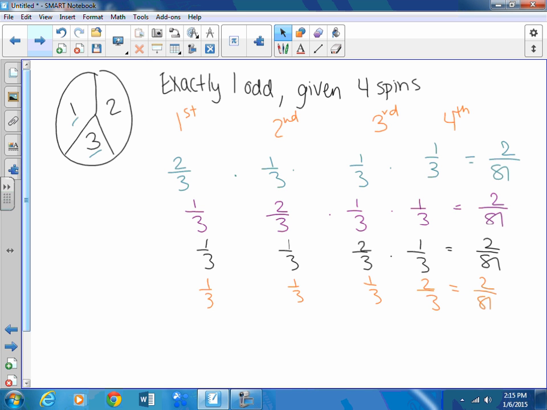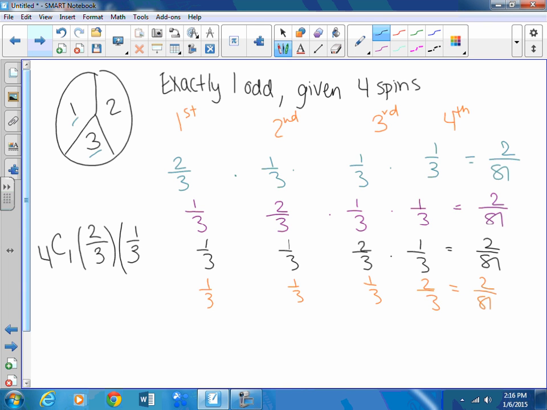And yes, there's a reason that I keep saying the word combinations, because we're going to have to use a combination for this. Out of the 4 different combinations of rolls, I wanted one odd. So 4 choose 1 there. 4 different combinations that gave me what I wanted. And if you look, I always had a 2/3 in my probability, and I always had three 1/3s. So I've got 1/3 to the 3rd power.